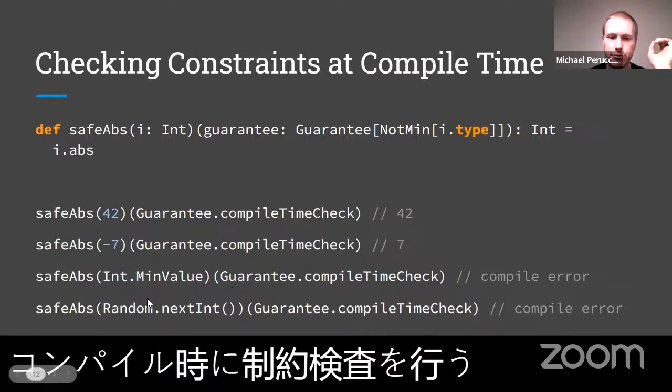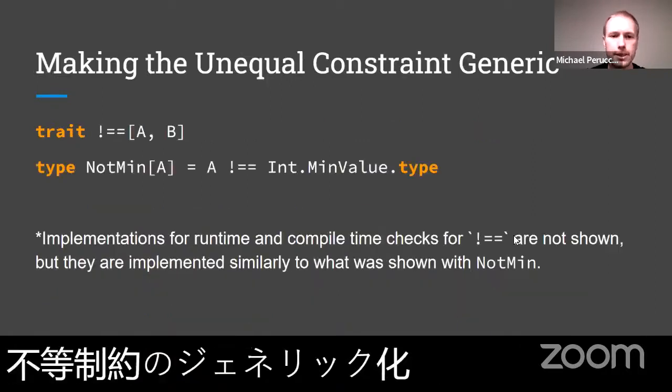And interestingly, if we try to give it the random int, this might fail. And so we get a compile time error because we want to make sure that we're being extra safe. And so we won't let the program compile if it can't tell if it's going to work or not.